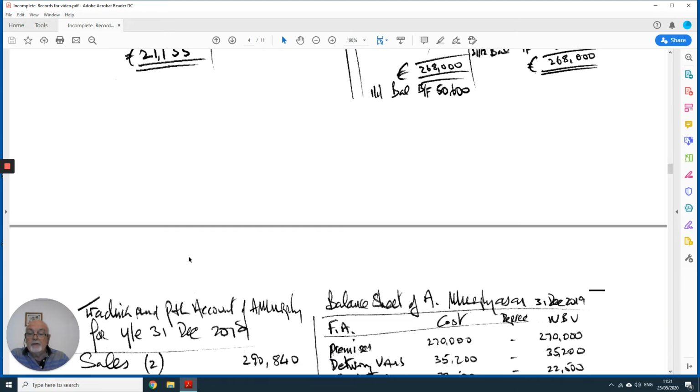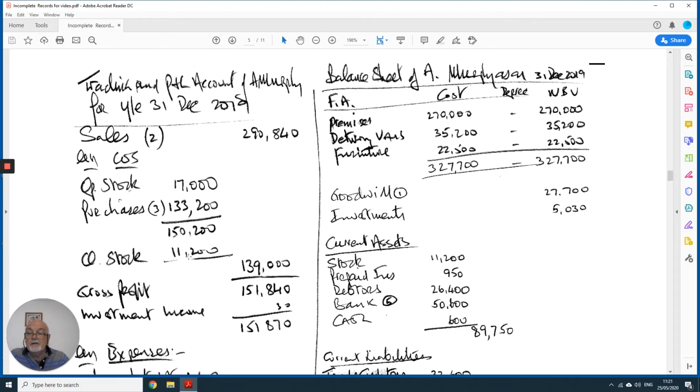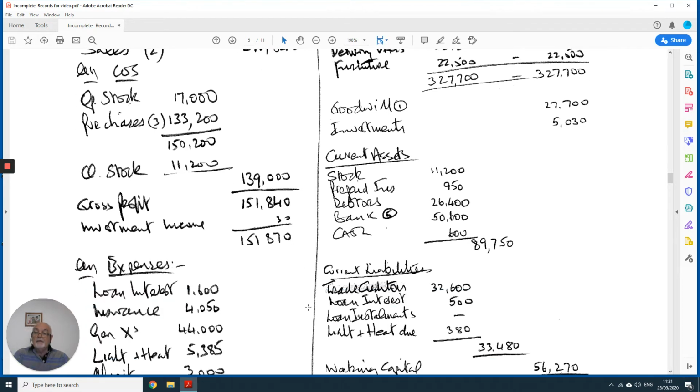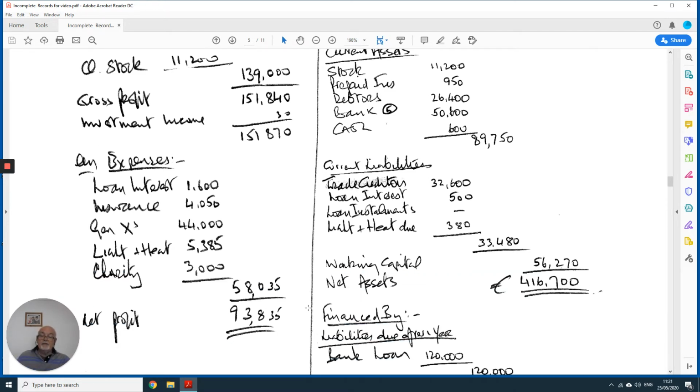With all of that done then, it was only a matter of entering those figures into the final accounts here on the left and the balance sheet on the right. So we have a trading account for Murphy for the year ending. We've got the sales, less the cost of sales, giving us the gross profit, to which I've added the investment income, from which I've subtracted the 5 expenses to get the net profit.